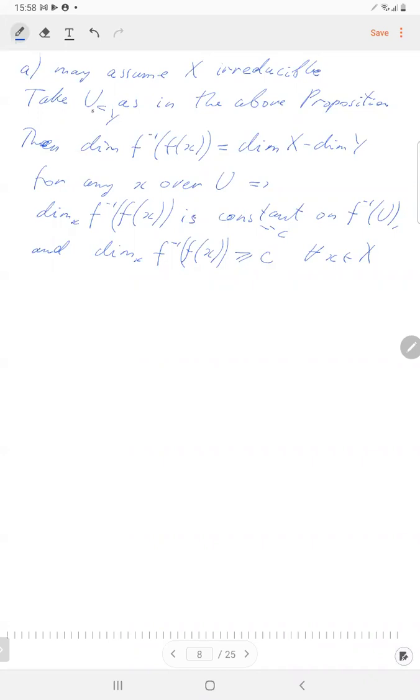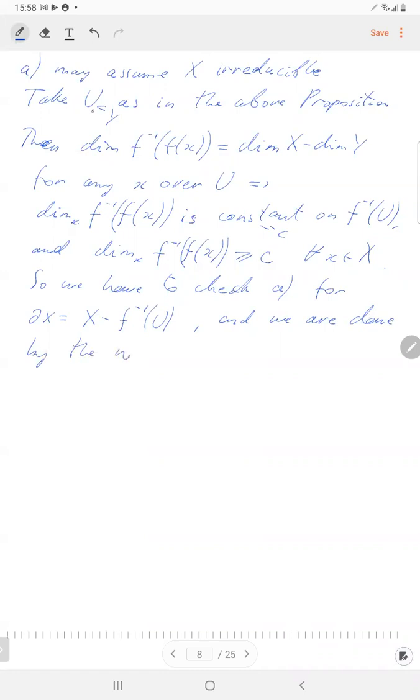Okay, so we have to check the first claim A for the boundary, Dx, which is X minus the pre-image of U, and we are done by the Noetherian induction.